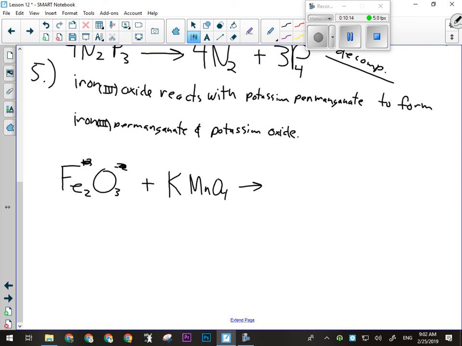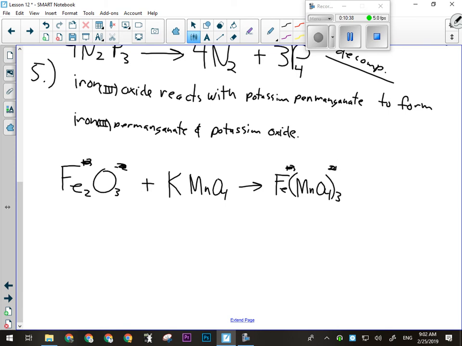All right, when that reaction happens, I get as my products iron 3 permanganate, so that'll be iron with MnO4, except that now this is a +3 and this is a -1, so what am I going to need around the permanganate? I'm going to need brackets. And then I'm going to need a 3 outside of the brackets.